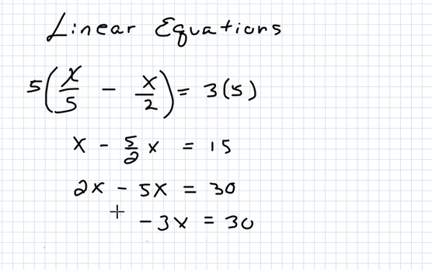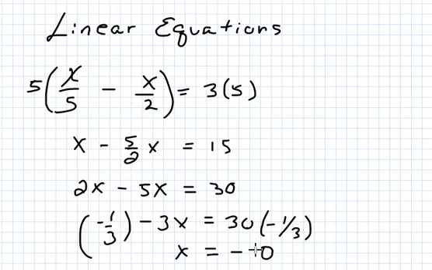And then I'm going to multiply both sides by a negative 1/3. Alright, and so we end up with x is equal to negative 10, and we can plug that back into our original and actually test that out, and that should work out.